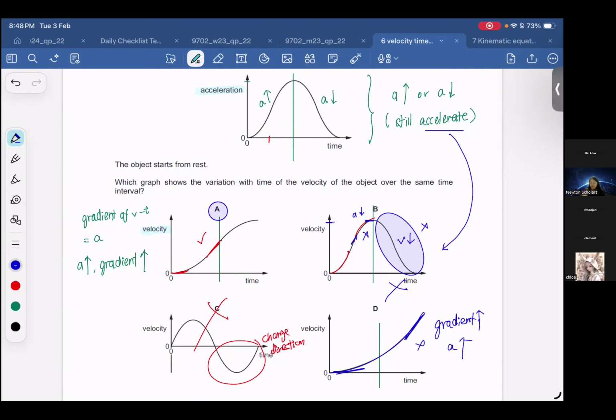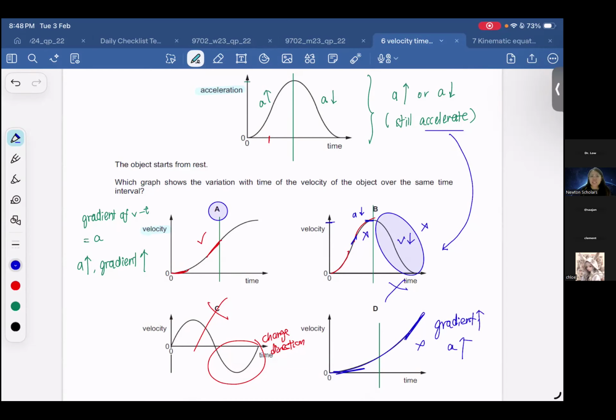Okay, digest, and ask me questions. For B, the very obvious mistake is the second last section. In the last section, velocity decreases, but referring back to the acceleration-time graph, acceleration is still positive, just decreasing in rate.